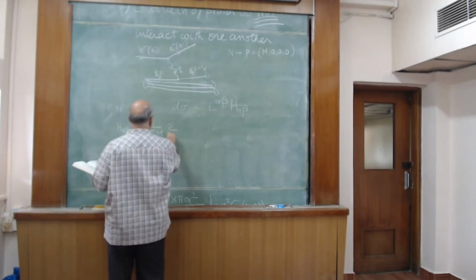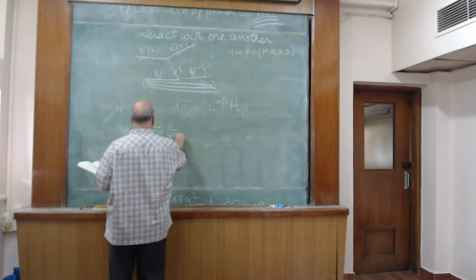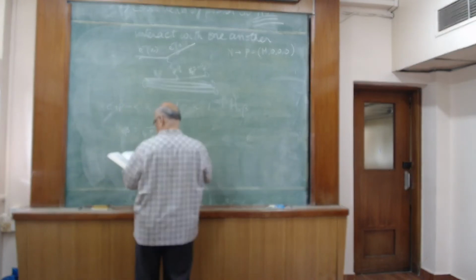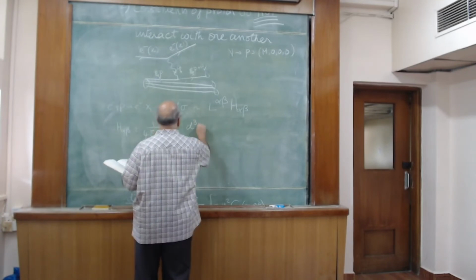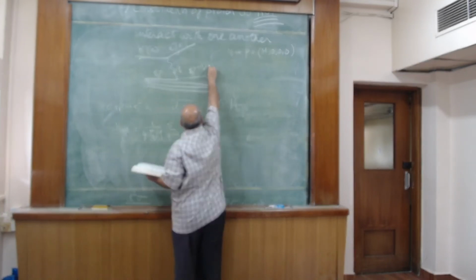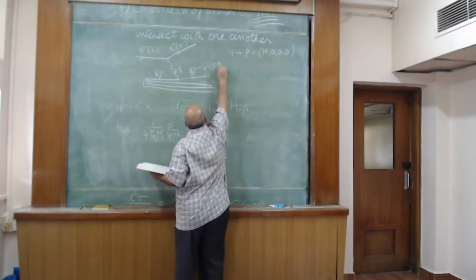Sum over spins dq. This is what I call prime.